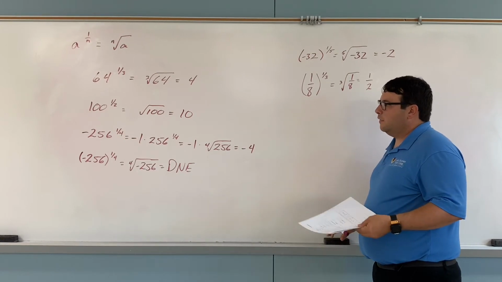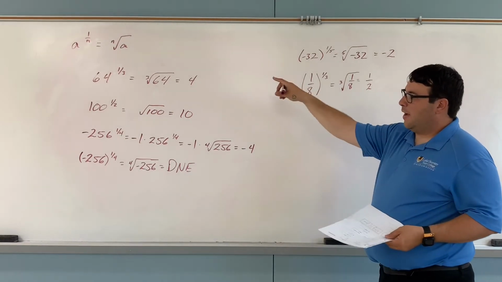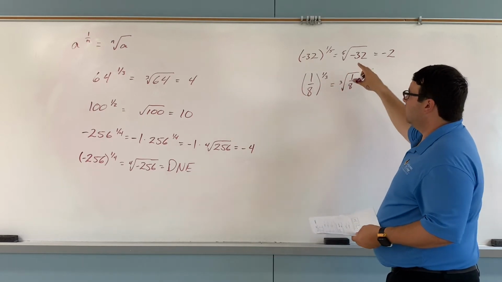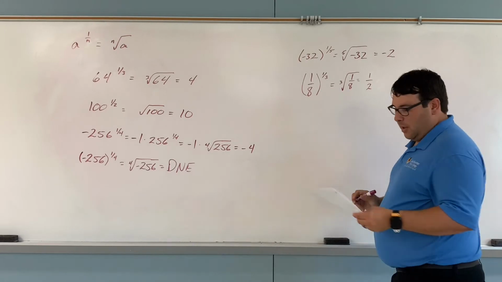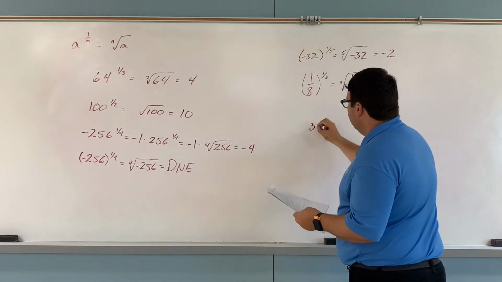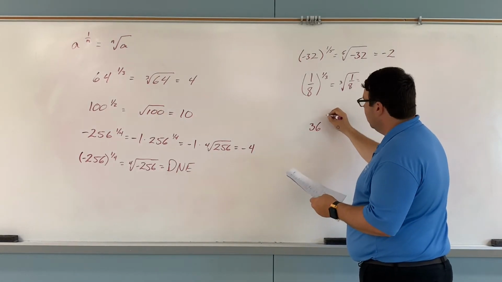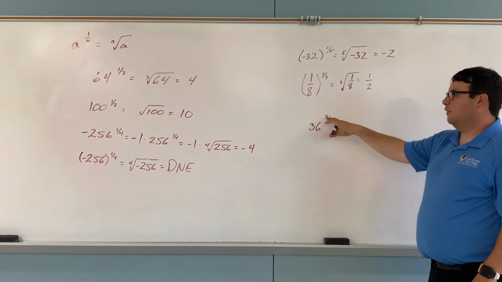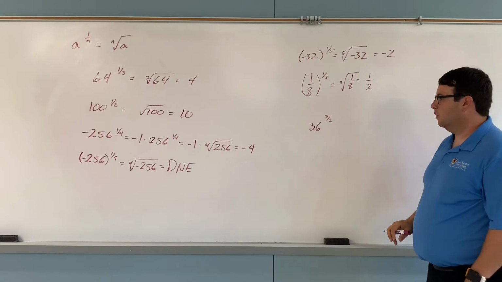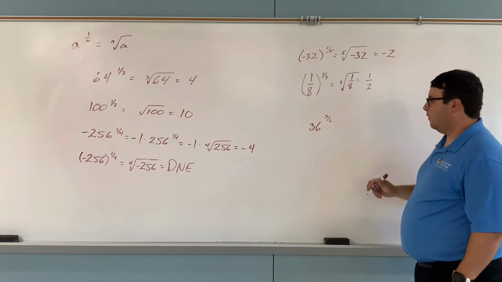Now, extending this same line of thought, all of our powers, if you were to look at this structure, all of those numerators on the exponents are currently 1. But what if my power, my numerator value, was not 1? What if I had 36 to the 3/2 power, to a rational exponent of 3/2?